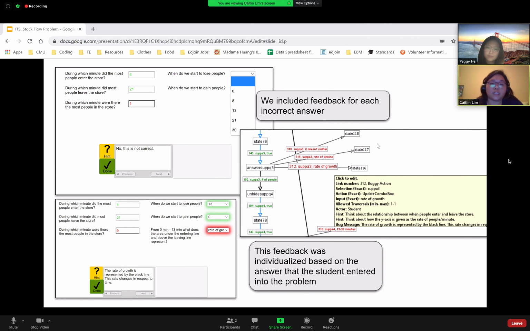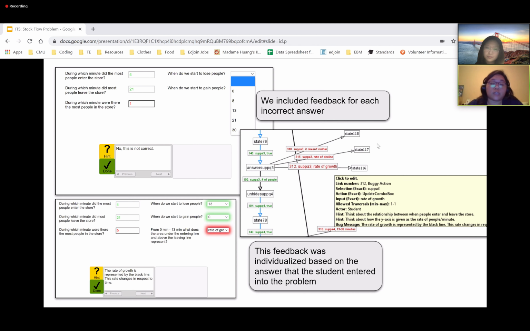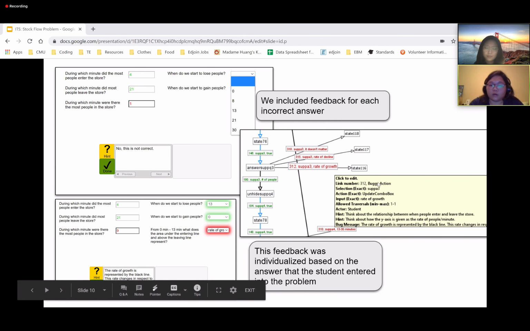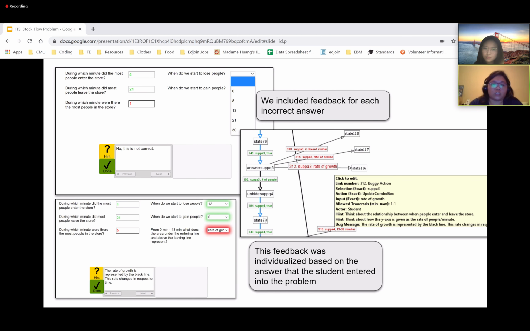We think that these would be especially helpful through scaffolded questions, which is why we used a combo box to limit student responses. You can see right here that all of this information is visible when you put your cursor over each step.